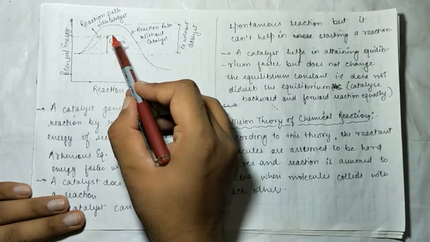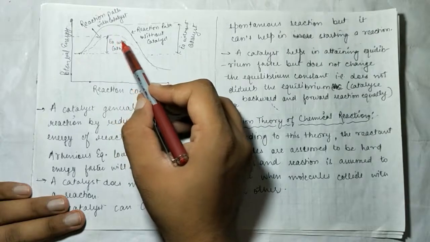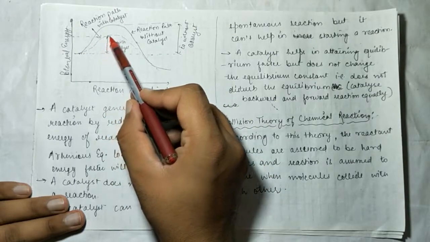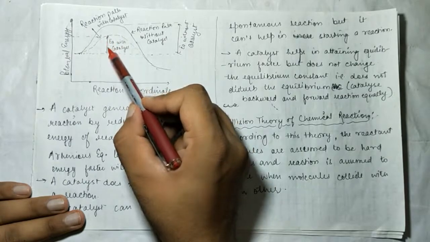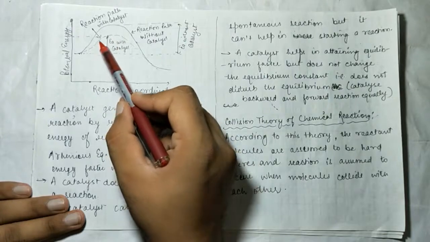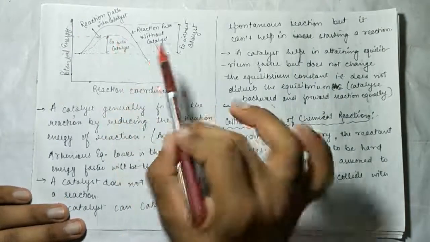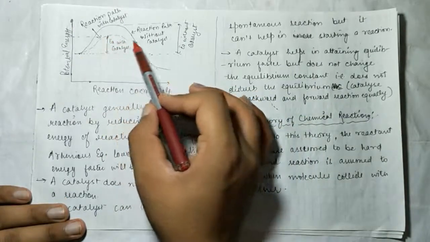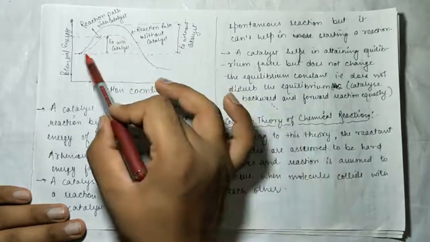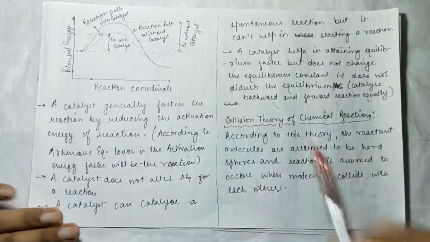That means it requires less activation energy. So in the presence of a catalyst, less activation energy is required and the reaction occurs very fast. This is the path with catalyst and this is the path without catalyst. You can see this reaction taking place faster.